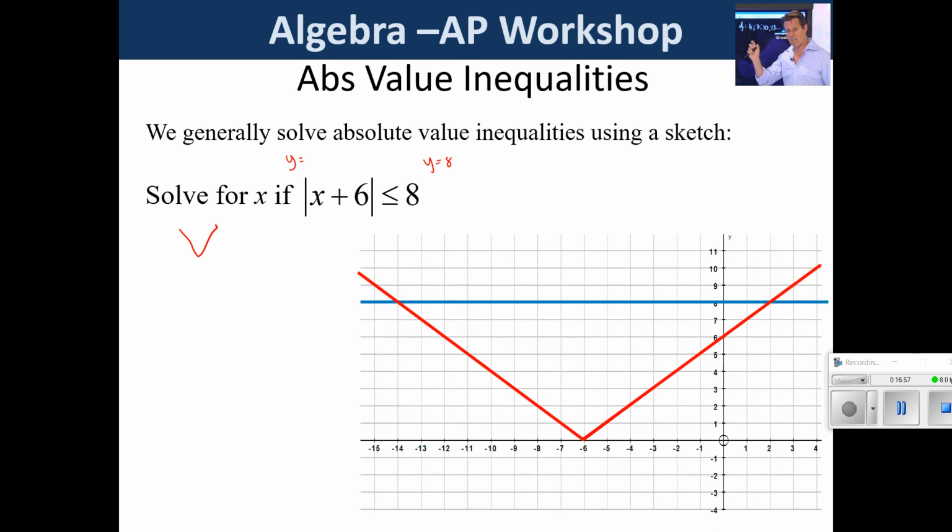And then I'm saying, well, where is the absolute value beneath that line? So you're just using your knowledge of your core graph skills, saying where is the absolute value beneath? So if I just go down, here we go, 2, and if I just go down over here at negative 14, the absolute value is going to be less than 8 between negative 14 and 2.